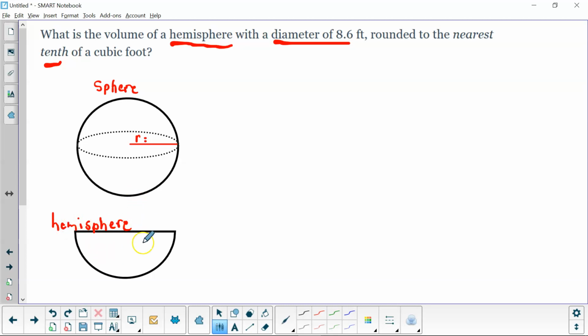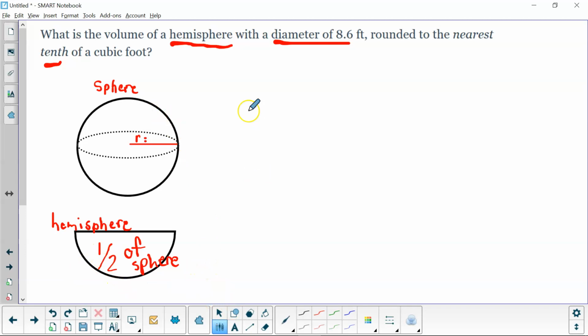A hemisphere is one half of a sphere. It's like you took the sphere or the ball and you chopped it in half. I'm going to write one half down here just to remind us of a sphere that would have the same diameter, or the same radius.